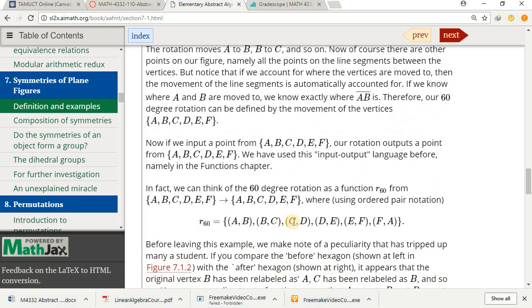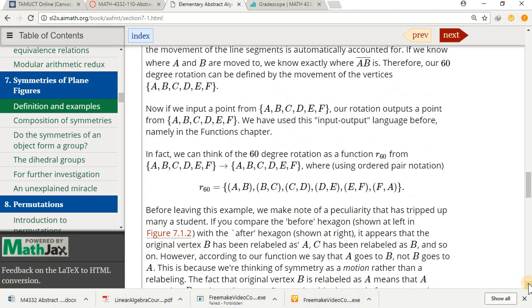A goes to B, B goes to C, etc. Okay. So here it talks about relabeling, that the B has been relabeled as A, the C vertex has been relabeled as B, and so on. This mapping defines the rotation.